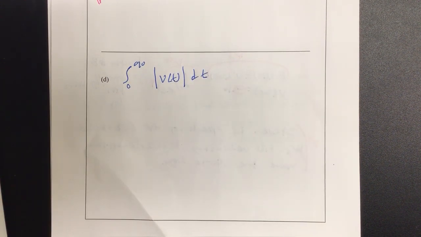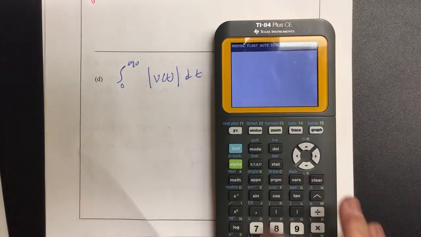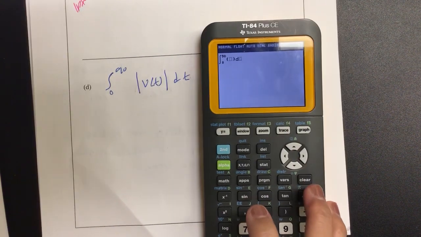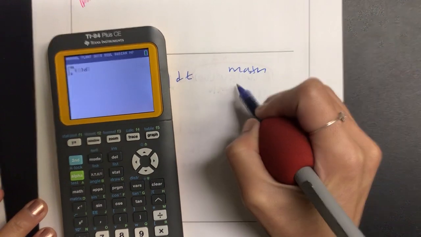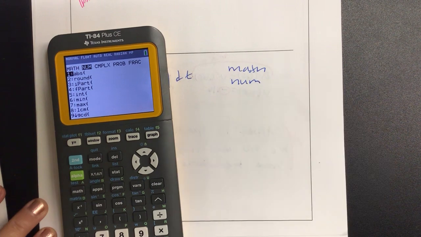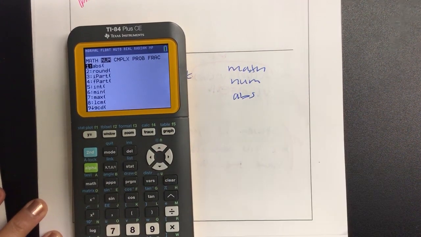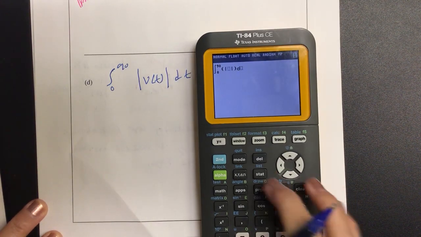And let's see if we remember where the absolute value was. Okay, go to math 9, and we're going from 0 to 90. You find the absolute value from here. You go to math, and you go to numeric, and then the absolute value. Let's do the vars thing again.